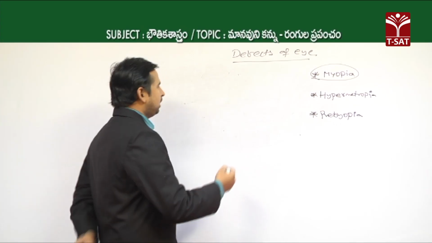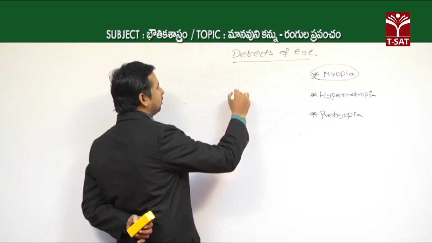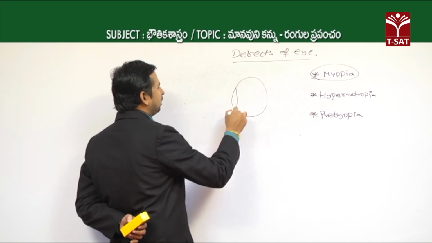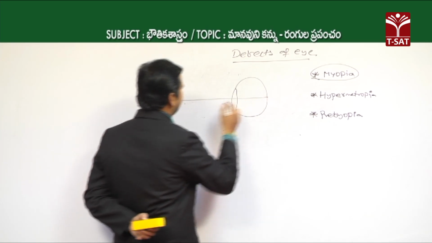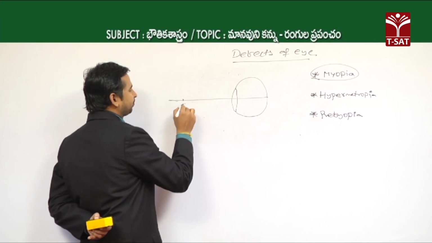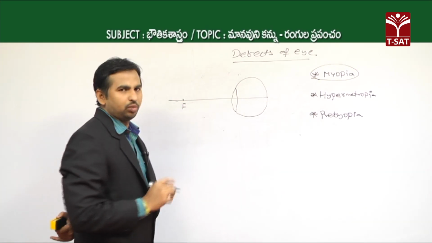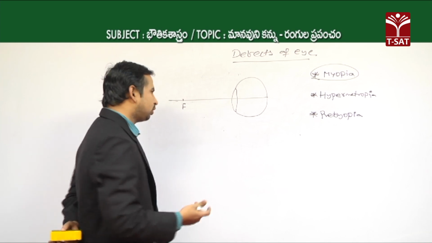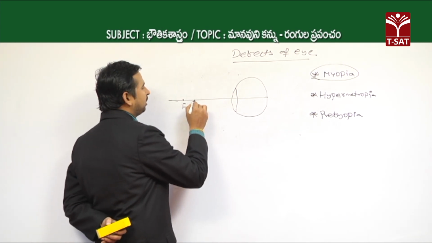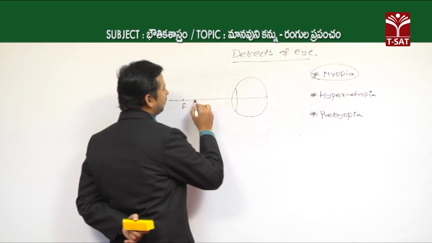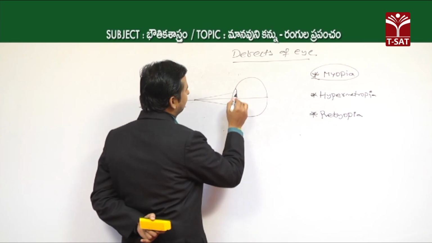For example, take an eye lens, and here we take the far point. If you place the object before this point, anywhere, the image will be formed very clearly on the retina.